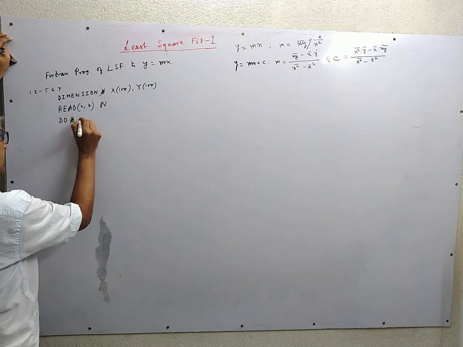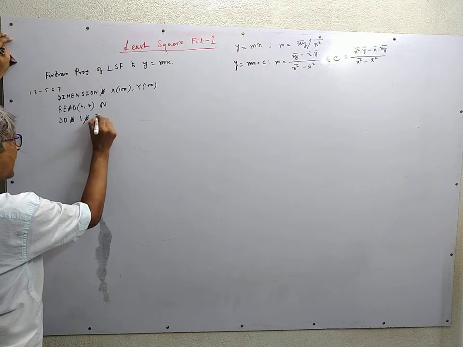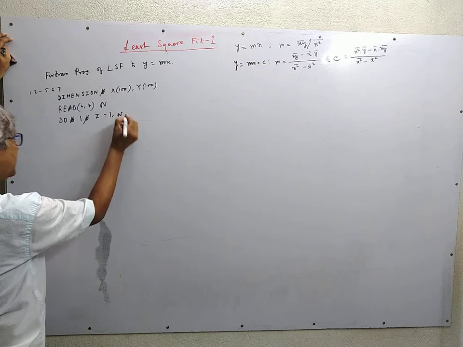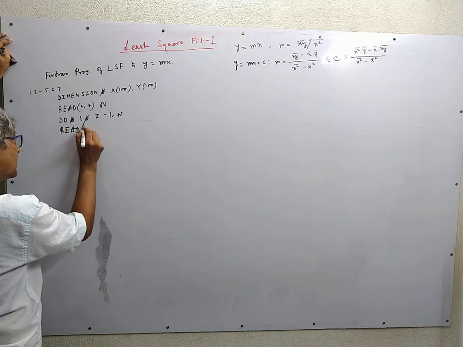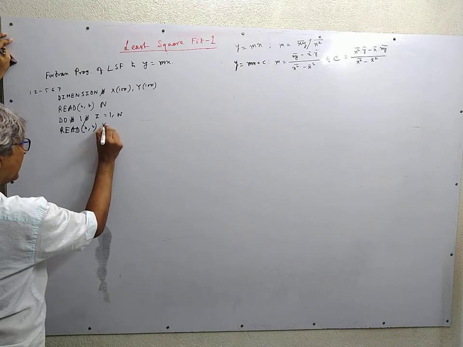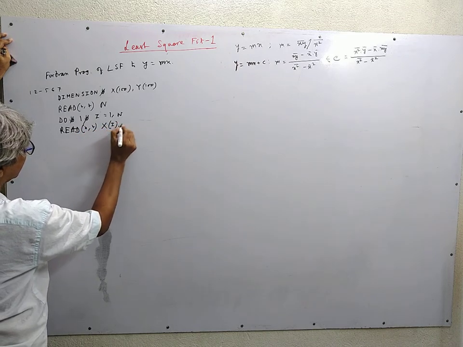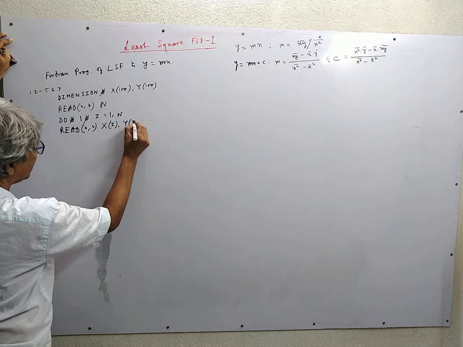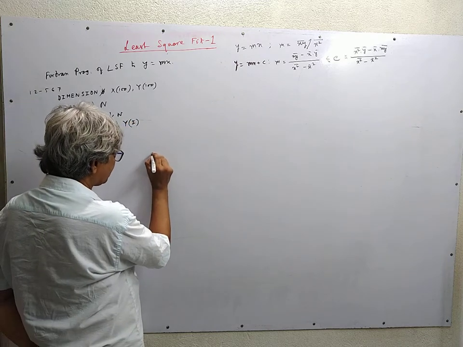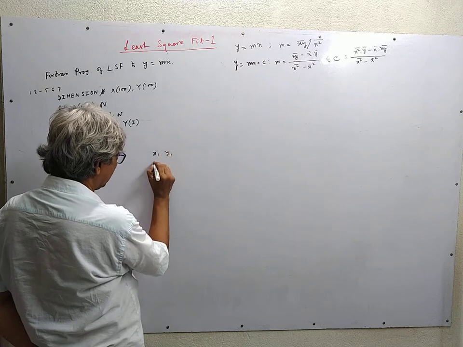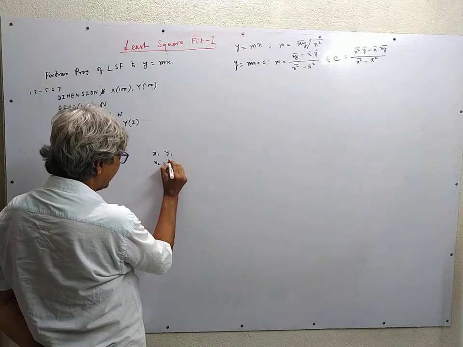Do 1 I is equal to 1 to n. So this program reads first value of x1, then y1, then x2, y2.